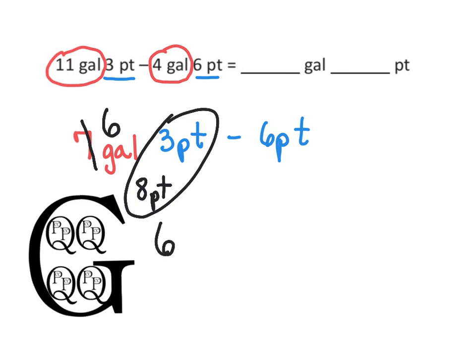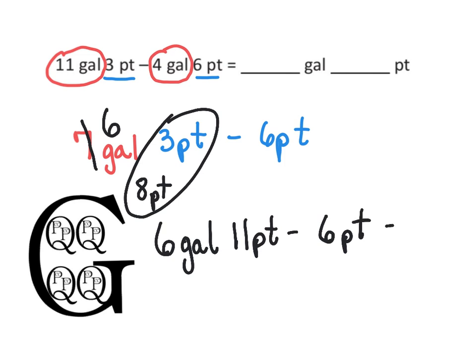So now I have 6 gallons and 11 pints take away 6 pints, which will give me 6 gallons and 5 pints. So again, the G illustration helps us figure this out and to solve the gallons and the pints.